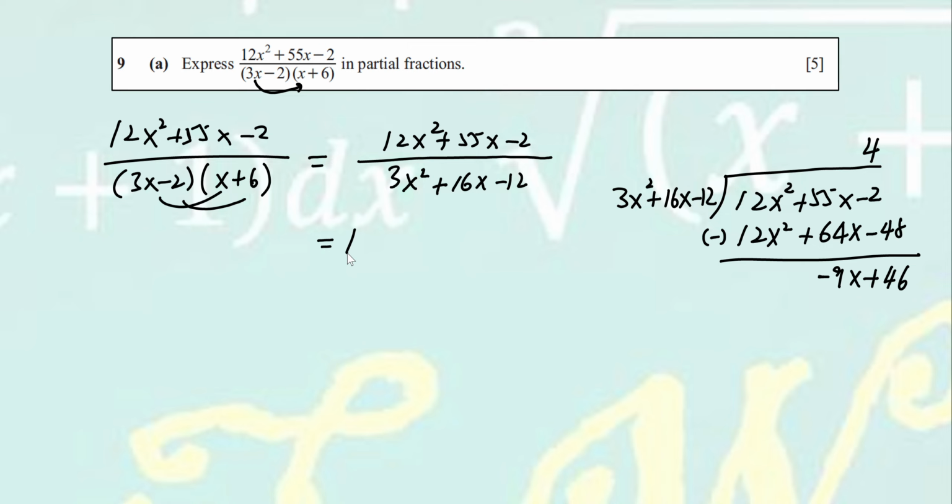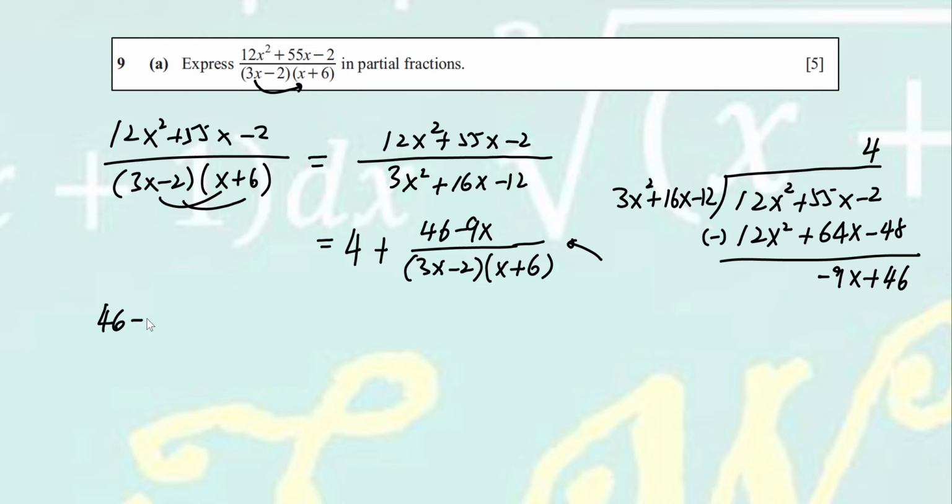So now I will be getting 4 plus, rearranging, 46 minus 9x over the quadratic. For the quadratic, I will rewrite the two factors. And now I need to find the partial fractions for this proper rational function first before I add the 4.